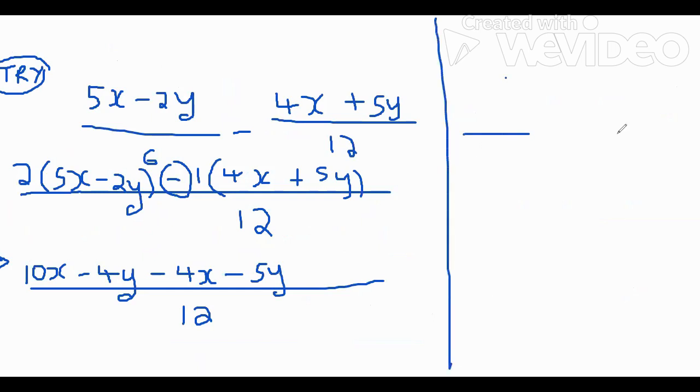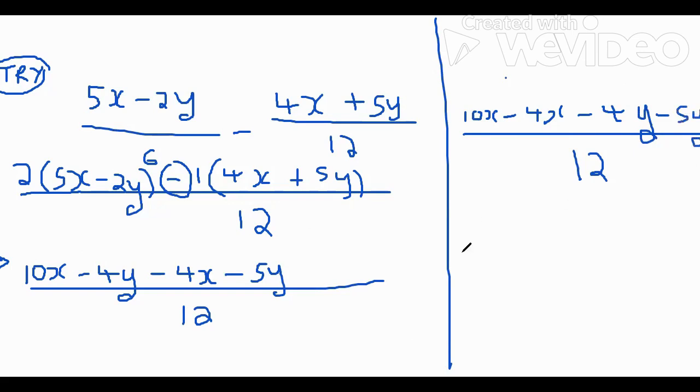We're going to group the like terms together. So it would be 10x, take away 4x, take away 4y, and so a negative and a negative would be a positive.